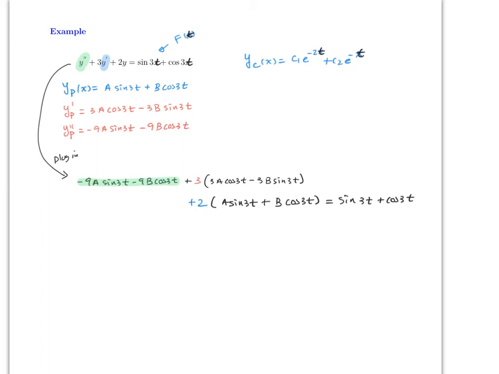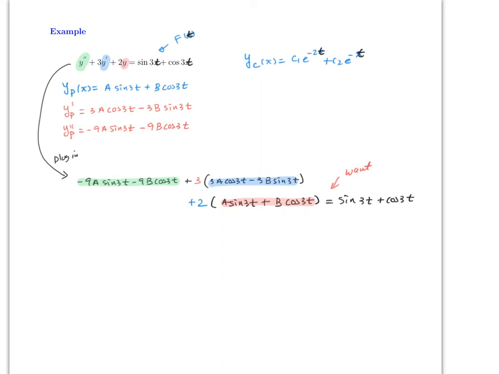Then y prime will be this, and then just y by itself will be this. Okay, so remember, we're trying to show that it's equal to the other side. So we want this to be equal, okay? So you have on the left side sine and cosine. On the right side you also have sine and cosine.